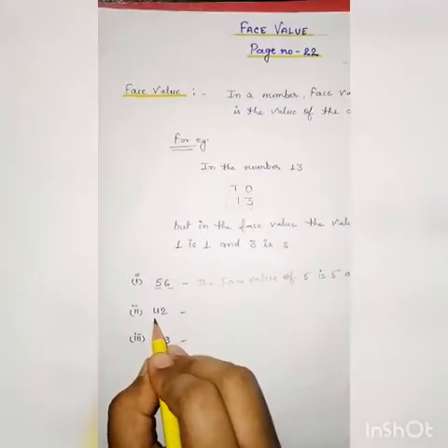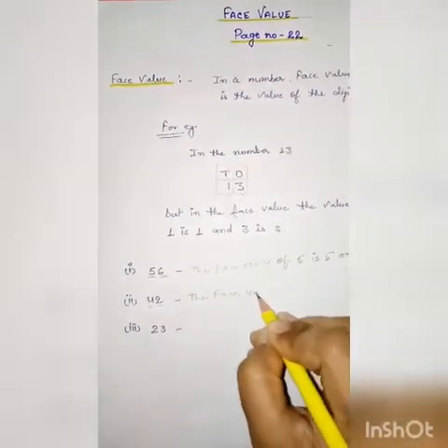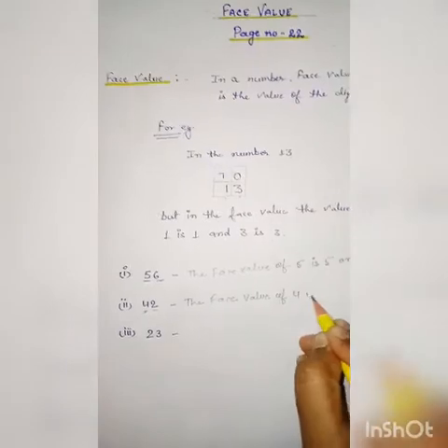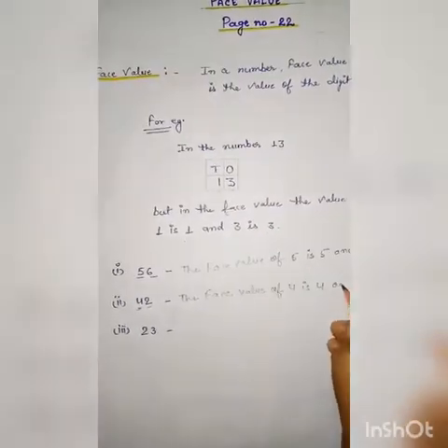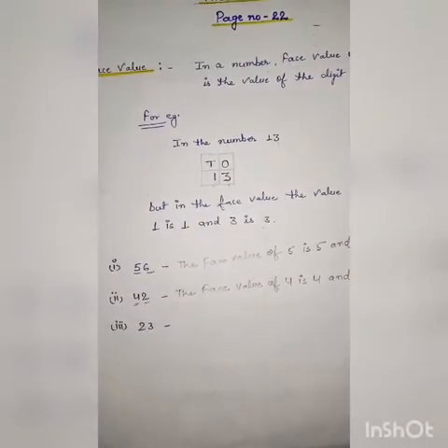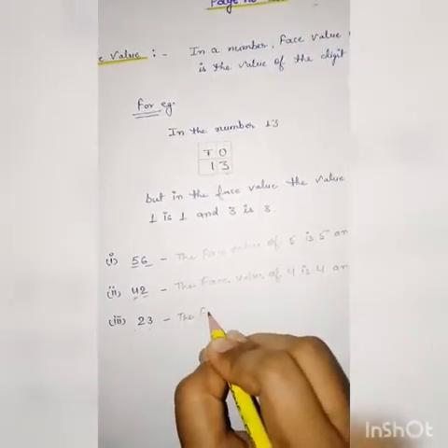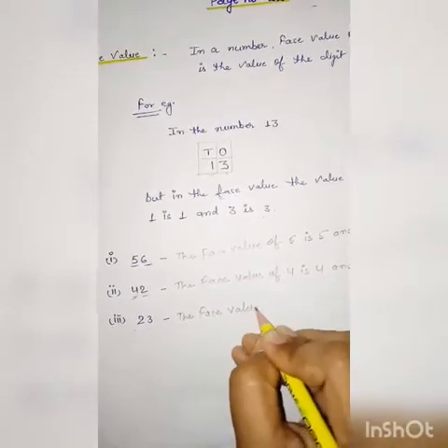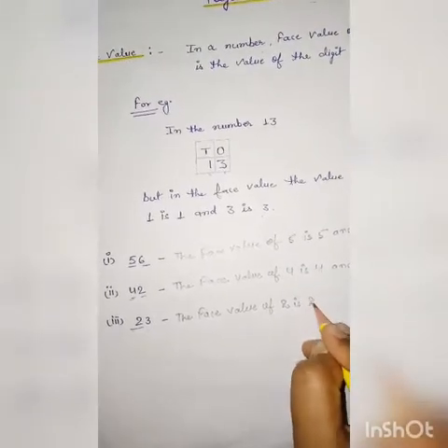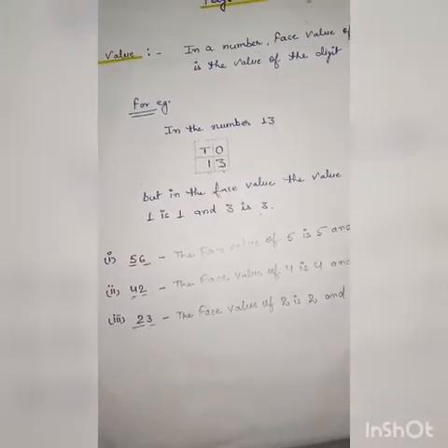Same as in the number 42, the face value of 4 is 4 and 2 is 2. In the number 23, the face value of 2 is 2 and 3 is 3.